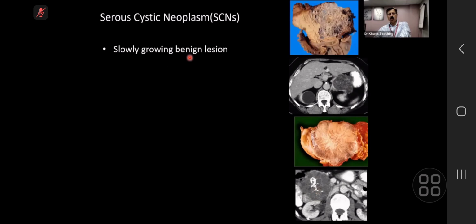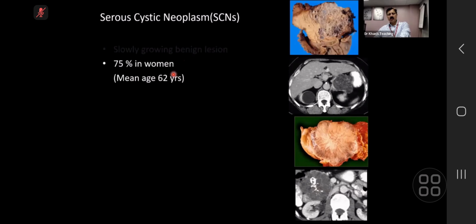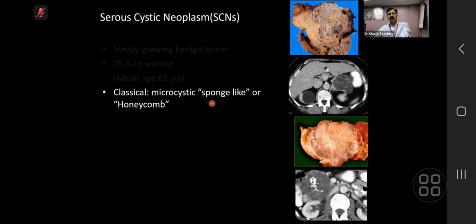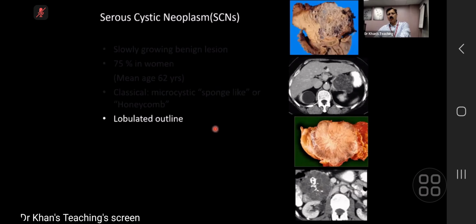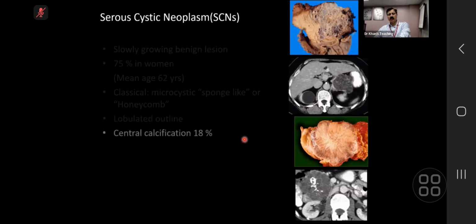Now, they are slow-growing benign lesions. This is important: 75% in women, mean age is 62. So that is why we call them grandmom tumors. They can be sponge-like and have a honeycomb appearance. Lobulated outline is one of the ways to describe it in the exam.